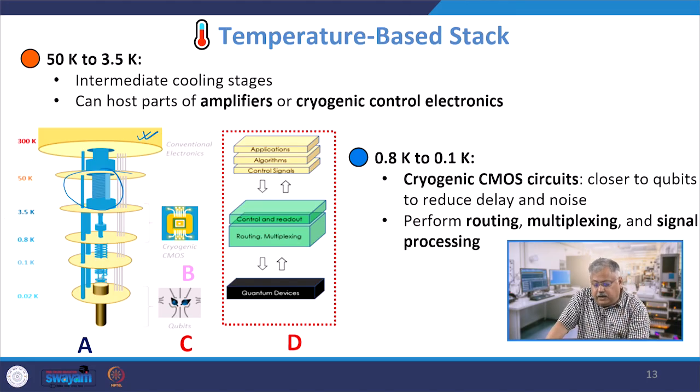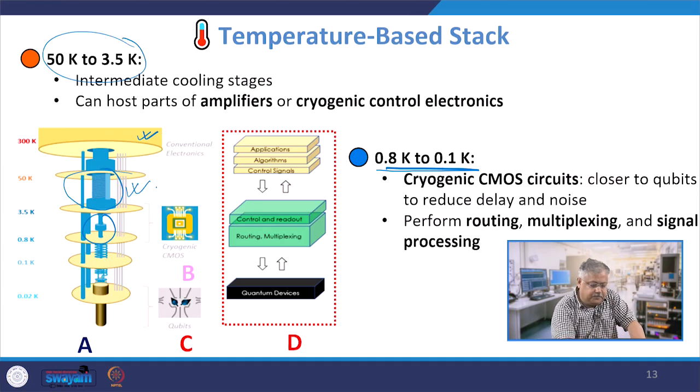And from 0.8 to 0.1 Kelvin, these circuits are not only physically close to the qubits, but they are in temperature gradient also relatively closer, though they are of 2 orders of magnitude higher temperature as compared to your qubits. What we use them for is primarily routing, multiplexing and signal processing. This is the point which we are referring to, 0.8 to 0.1. This one we are referring to as 50 Kelvin to 3.5 Kelvin. So, we are going down and down in temperature as we move ahead, right.